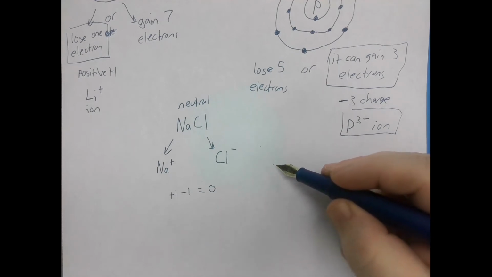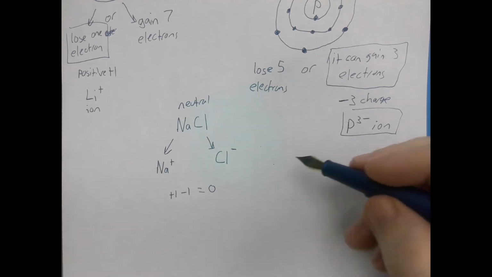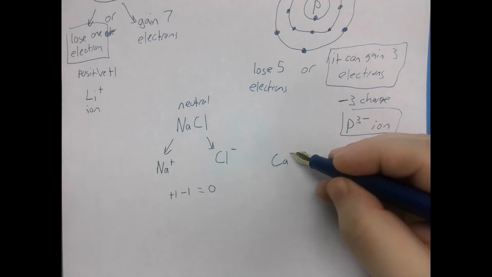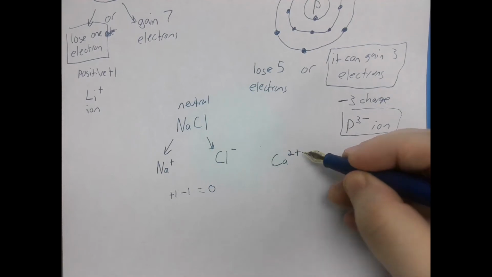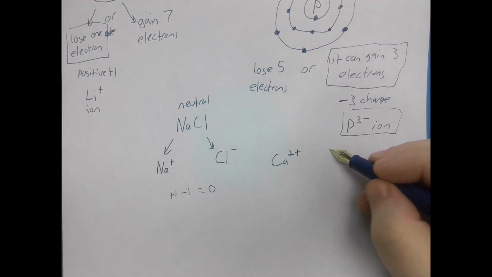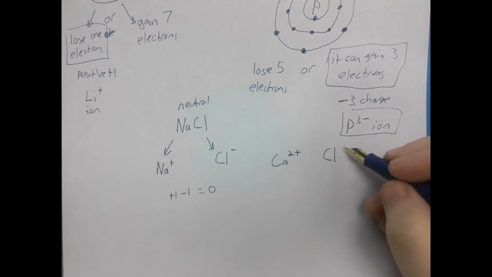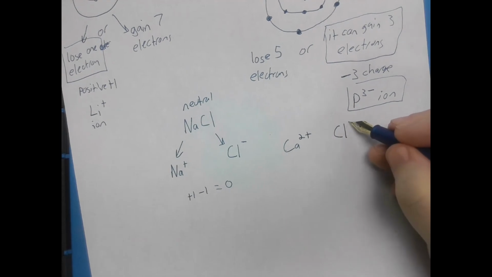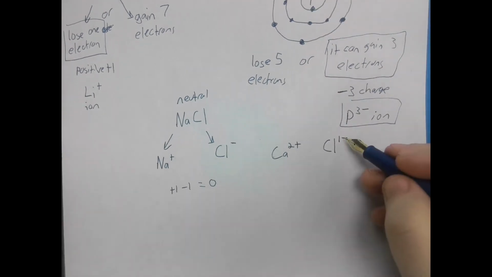So what's the charge on calcium? Not calcium, calcium. Ca. Positive, so plus 2. And what's the charge on chlorine? So this column. So 1 minus. Again, we usually don't include the 1.